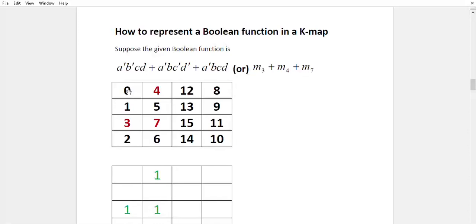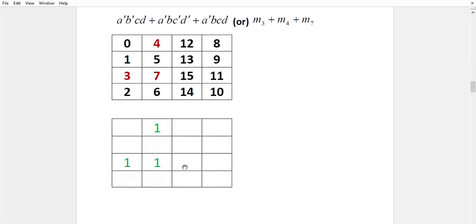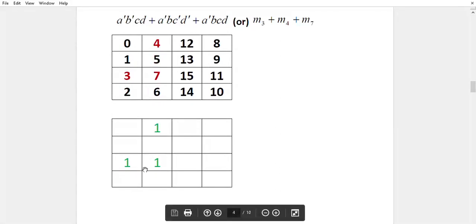Therefore, for this table, we need to place 3, 4, 7. For the further calculation, we need some identification. Therefore, I put a 1 in green color.